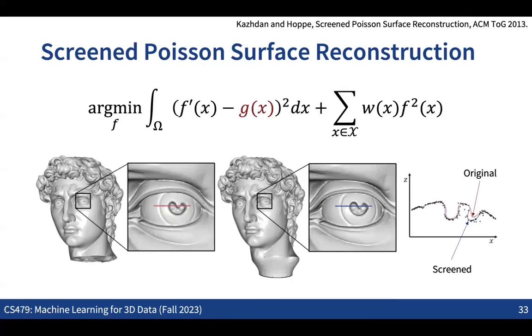But the other information that we also know is that the signed distance function, the output function that we want to get, should have an output value of 0 at the position of each of the sample points, because those are the points sampled over the surface, right? So we have not only the information about the derivative of the function, but also the function value itself for some of the sample points.